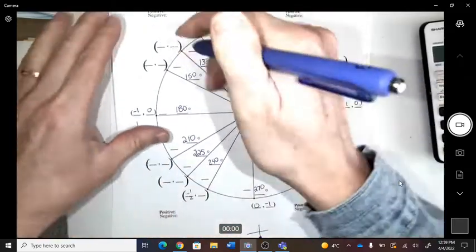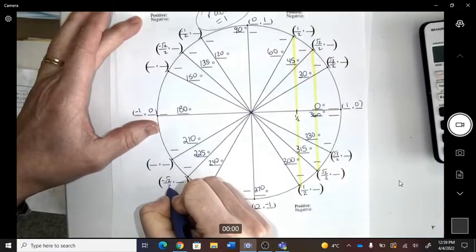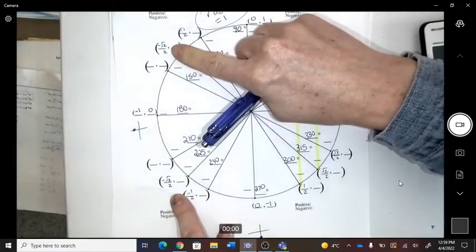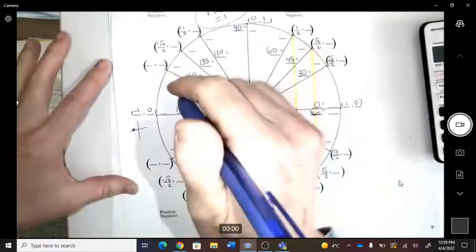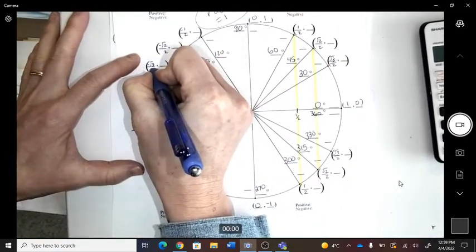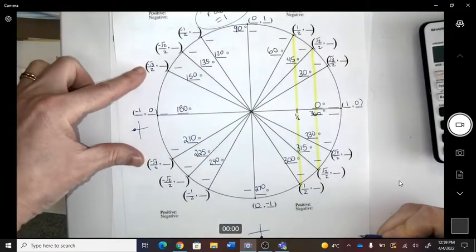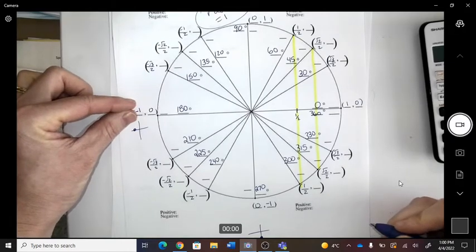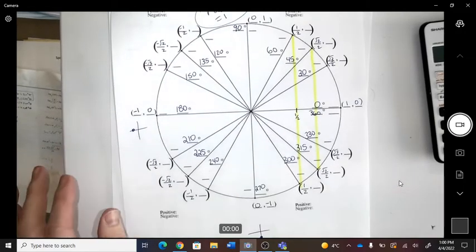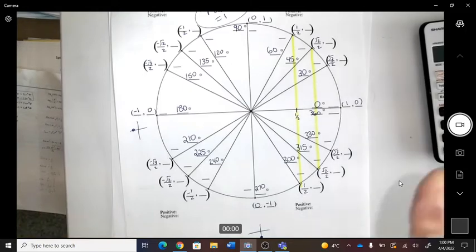These are going to have -root 2 over 2. I'm going to move again. So this would be -root 3 over 2. And then the last one should have a -1, and it does. We already filled those ones in. We're done all the x.